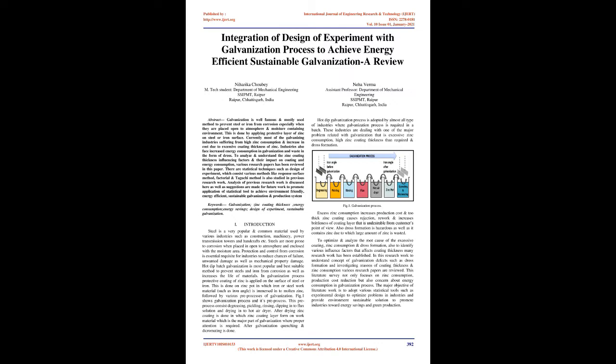This literature survey not only focuses on zinc consumption and production cost reduction, but also concerns energy consumption in the galvanization process. The major objective of this literature work is to adopt various statistical tools such as experimental design to optimize problems in industries and provide environmentally sustainable solutions to promote industries toward energy savings and green production.